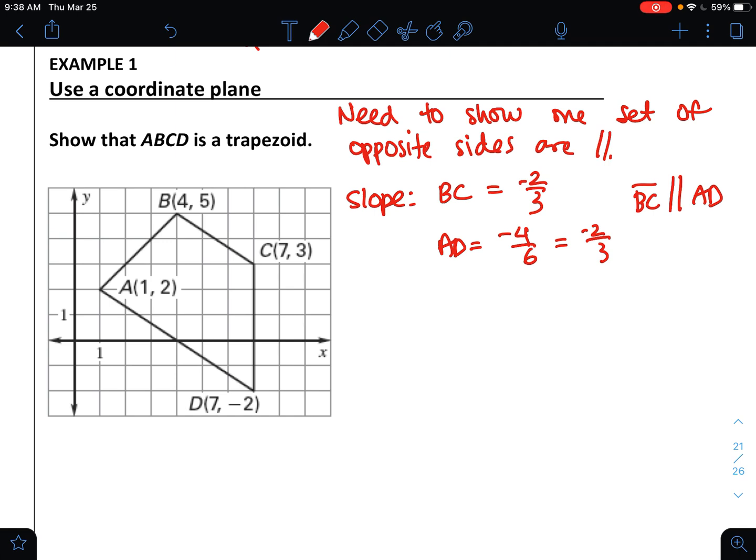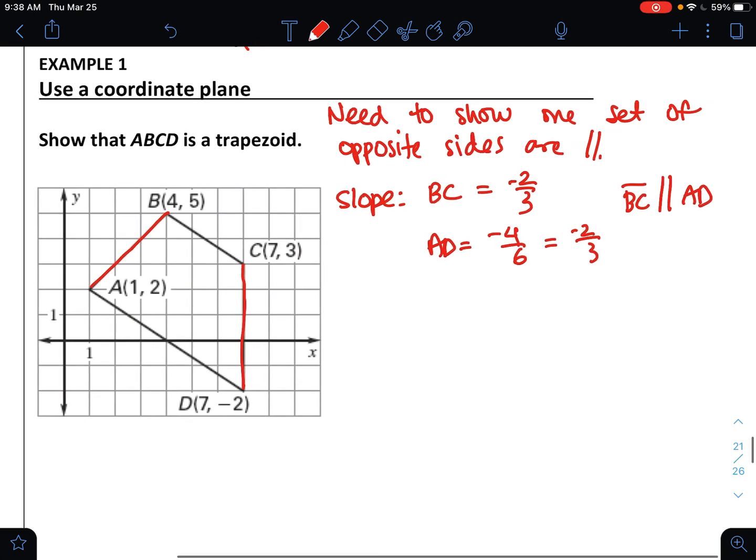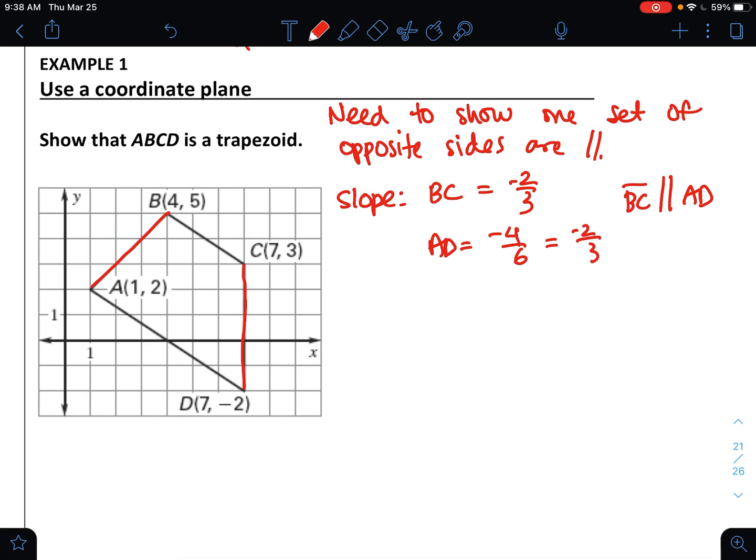Okay, let's make sure the other two are not. So this one I can see pretty well. So this is a vertical line and this is a diagonal line. All right, so they are not parallel. What I would do is I would actually show those numbers. So I might just go ahead and be consistent here. So 1, 2, 3, 1, 2, 3. So AB is 3 over 3, which is 1.